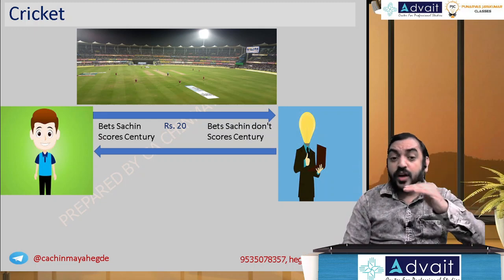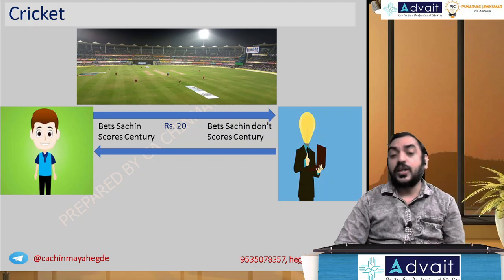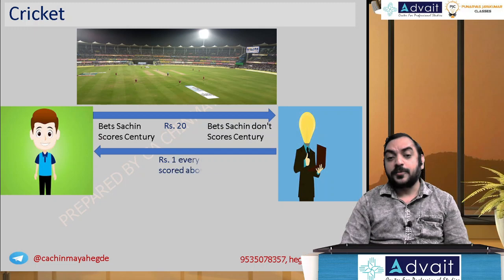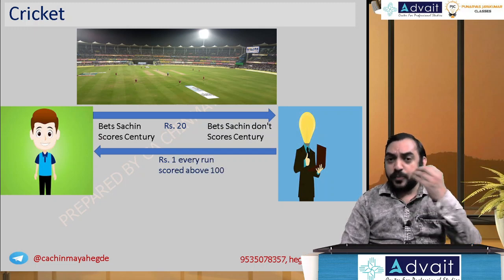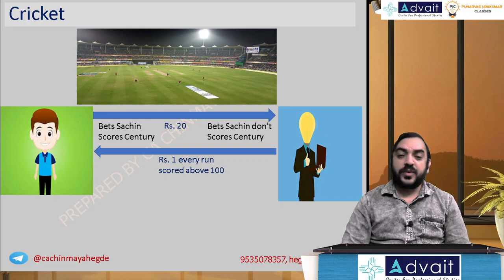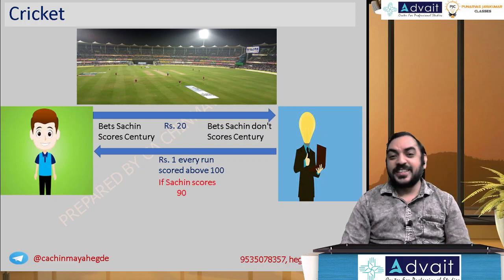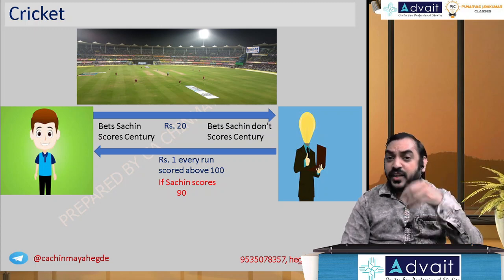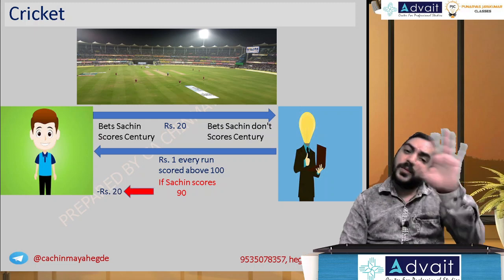If he scores below 100, the entire 20 rupees is gone. No 1 rupee per 1 run business if he does not score a century. And if he scores above 100, for every 1 run you will get 1 rupee. Imagine these scenarios now. What will happen? If he scores 90, not 10 runs shortage, not 10 rupees, no, the entire 20 rupees is gone.